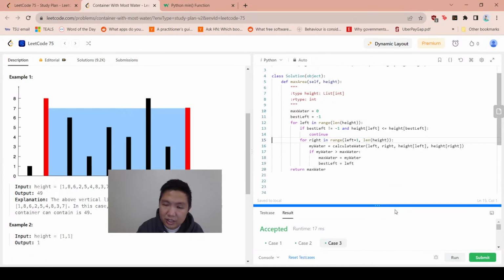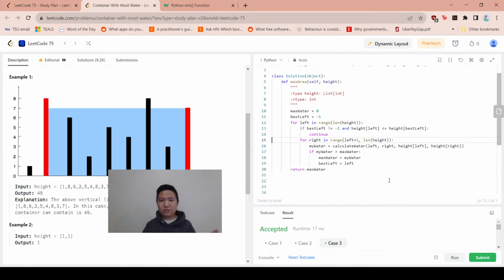What other ideas do we have? Okay, so left moves towards the right. We can sort of apply the same strategy to right. So this is the best left.